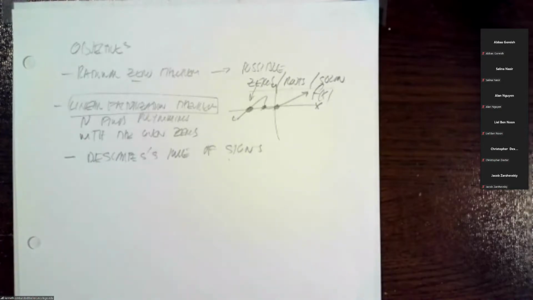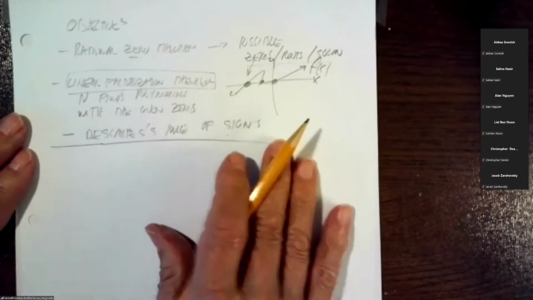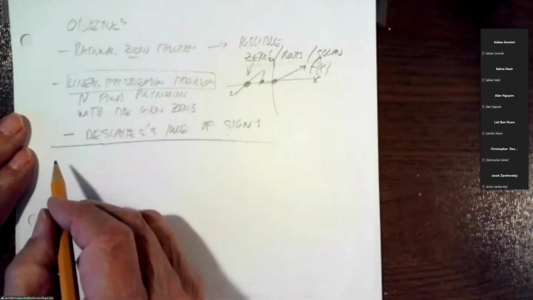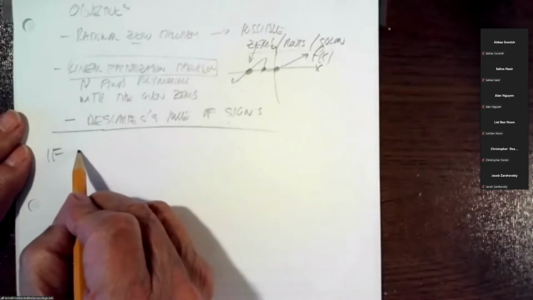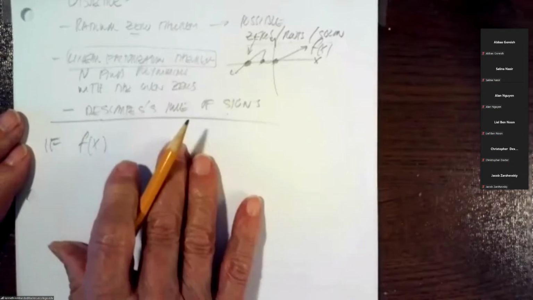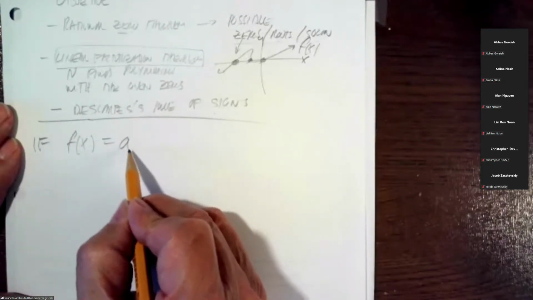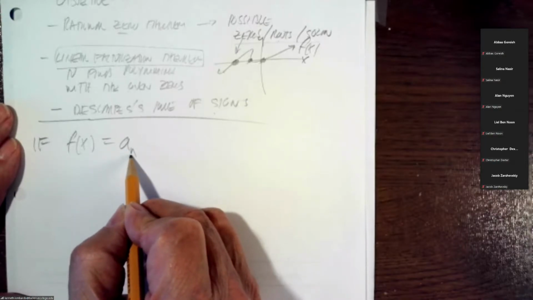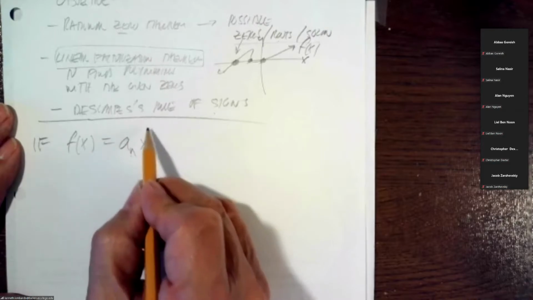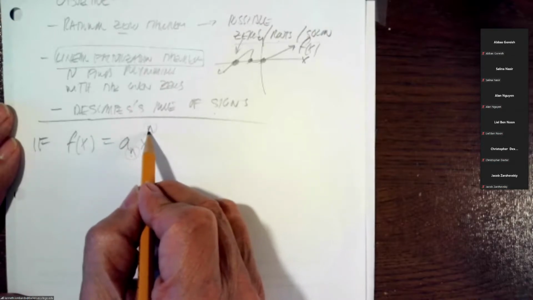So these concepts apply to functions of the form, in general, some leading coefficient a sub n, whatever that value is, some number, times x to the n exponent. So here's a subscript, here's the same value as an exponent.